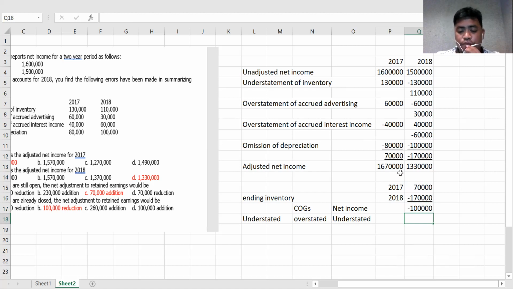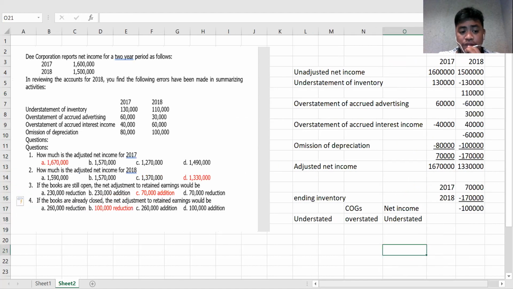Again, if books are still open, you only adjust the beginning balance of retained earnings by the effect of the error for 2017. However, if books are closed for 2018, then you adjust the net effect of the error for 2017 and 2018, which is a 100,000 reduction. Okay? That's it.